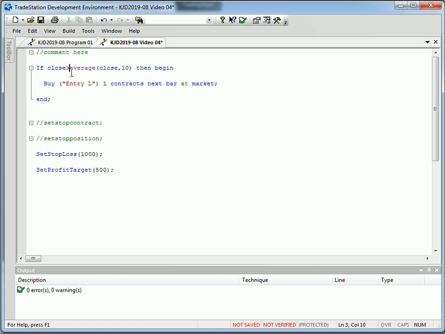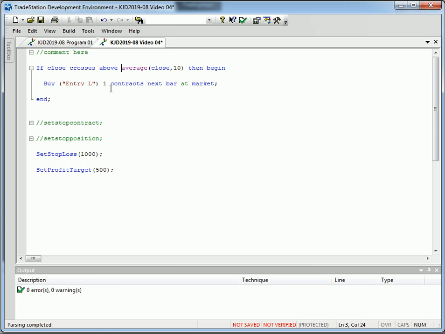Now obviously we could do greater than, we could do less than, and then there's a couple other unique features that Easy Language has. Let's say we only want to buy when the close crosses above the moving average. Well, then again, we just type in crosses above.